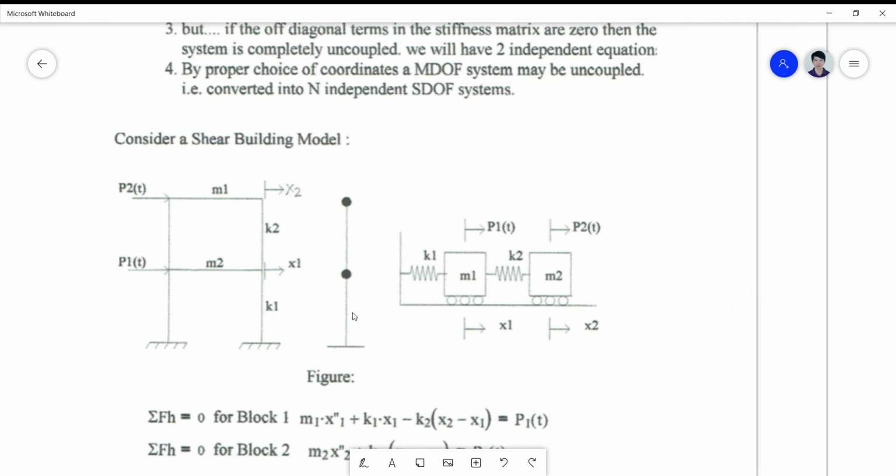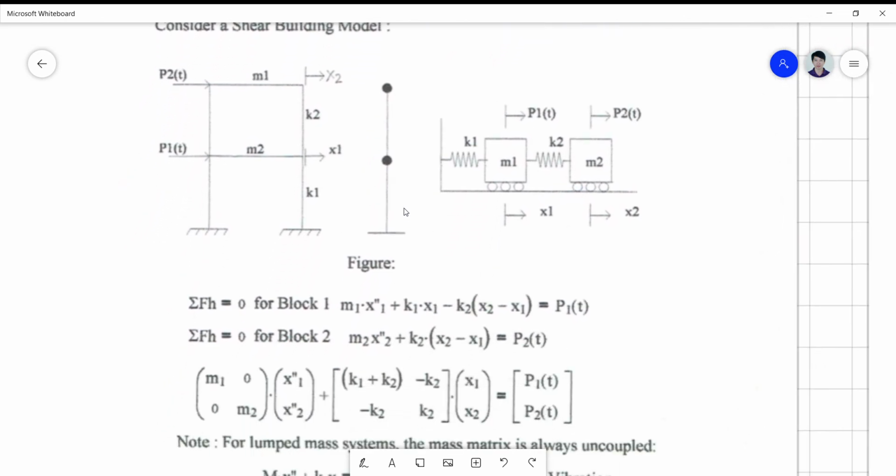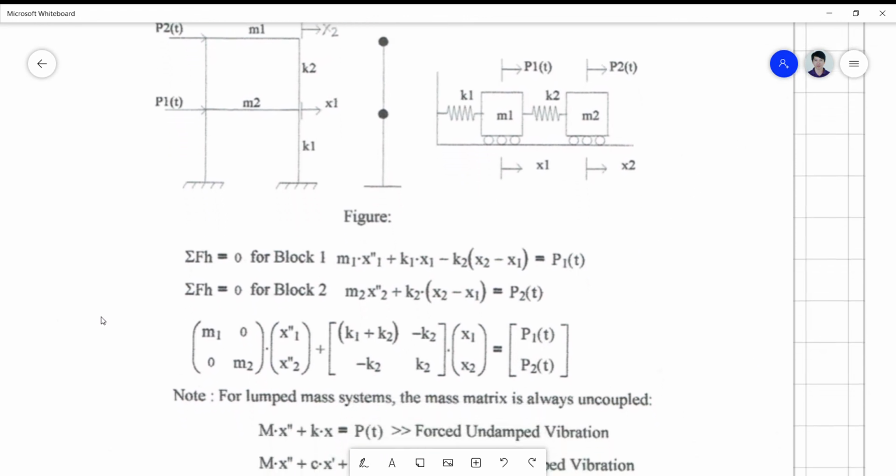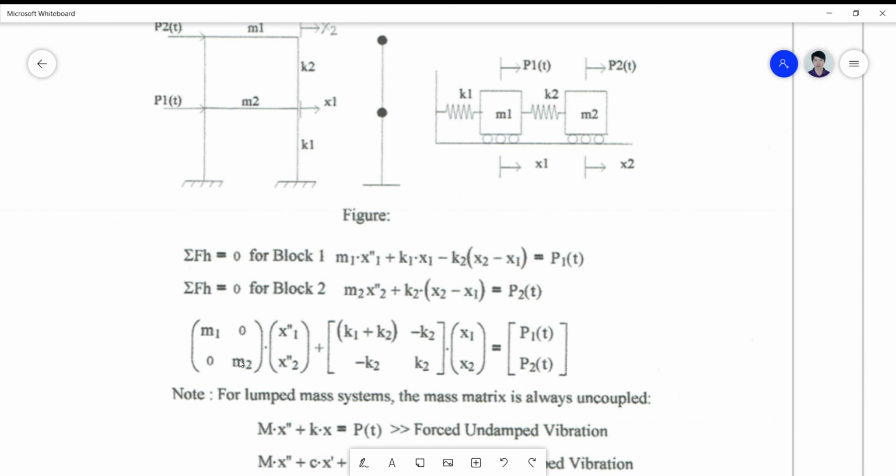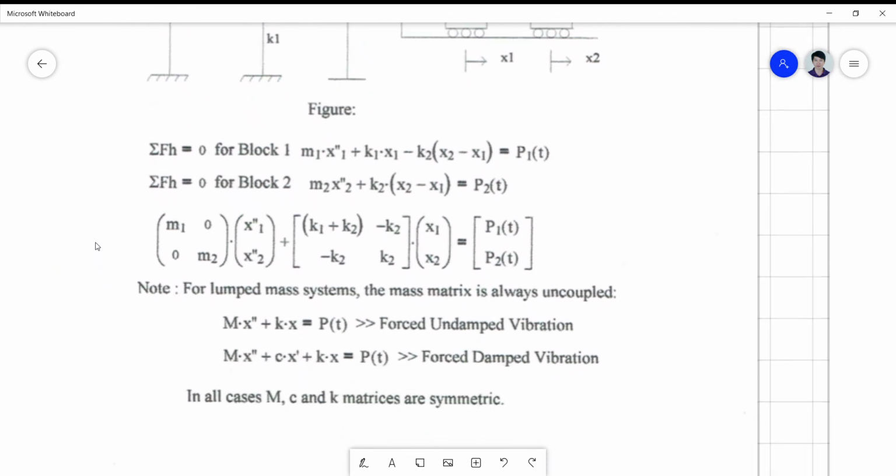They call it sometimes a mass spring dashpot or a damper system. Okay, so we will arrive now with the same matrix formulation using the principle that I stated above into an uncoupled mass matrix and a coupled stiffness matrix.